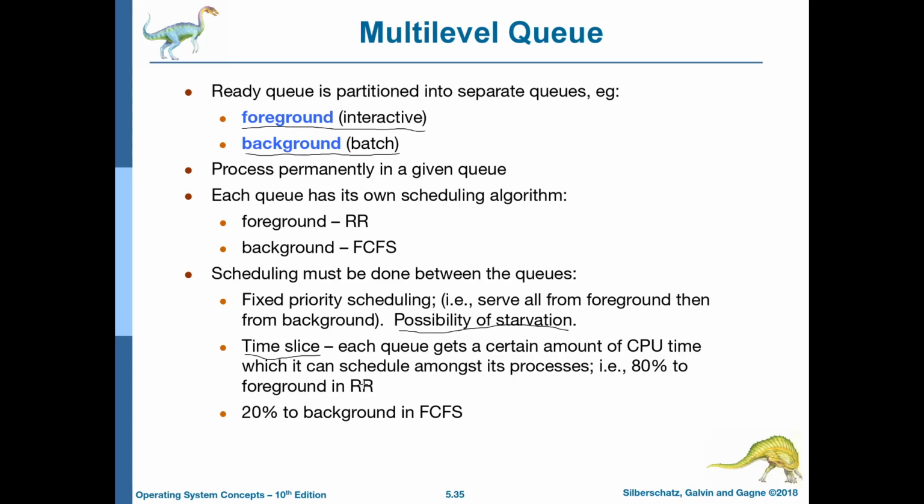This reduces the starvation that is experienced. But there's a balancing act here. Do you choose 80 to 20 or do you choose 90 to 10? How do you prioritize these things? And that's a hard choice to make.